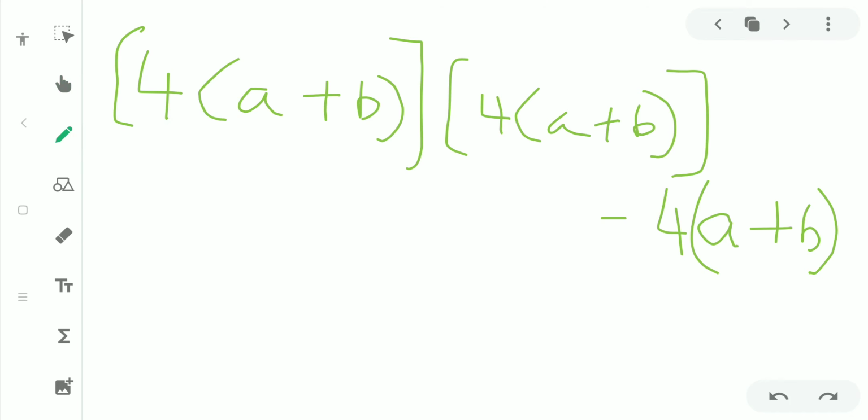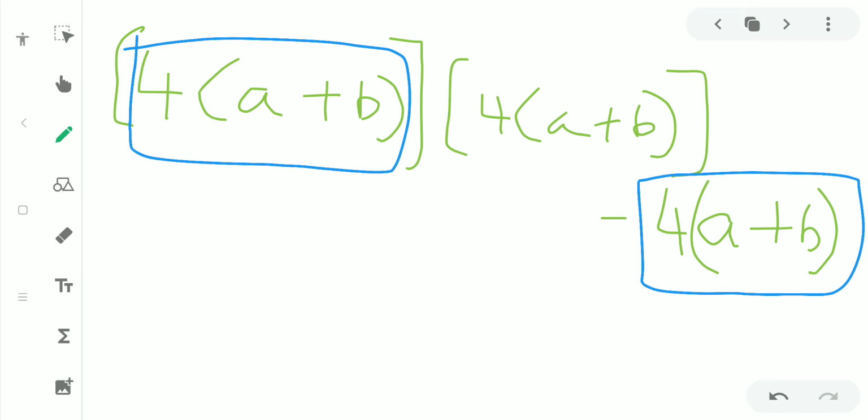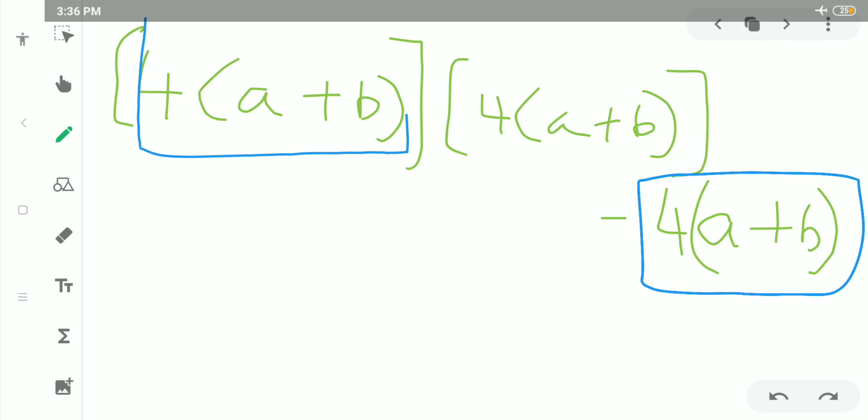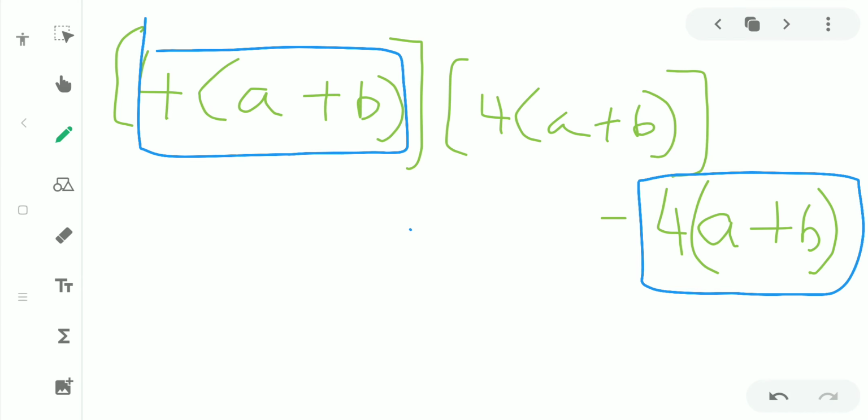So now I can take 4 into a plus b and 4 into a plus b common. I'll take 4 into a plus b common.